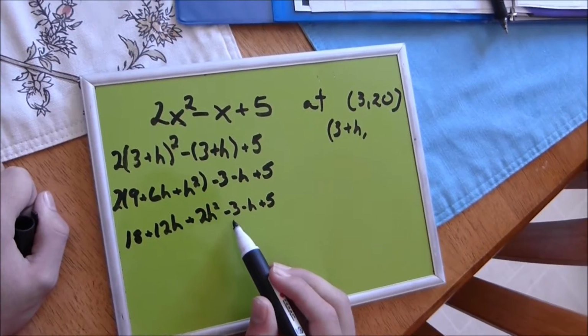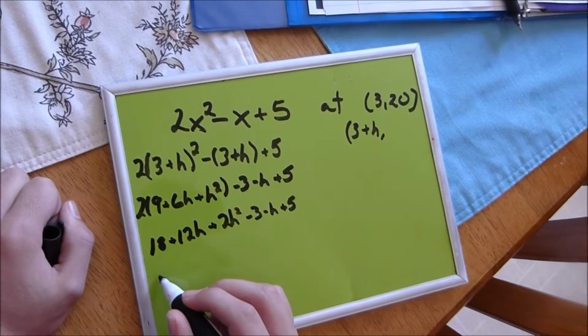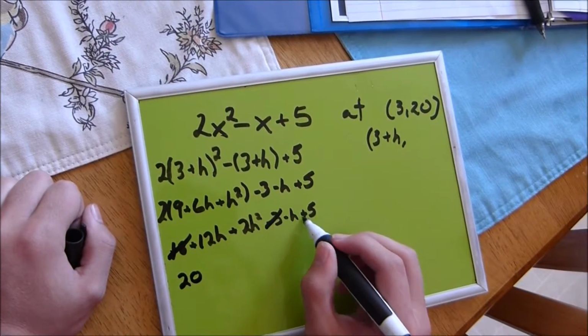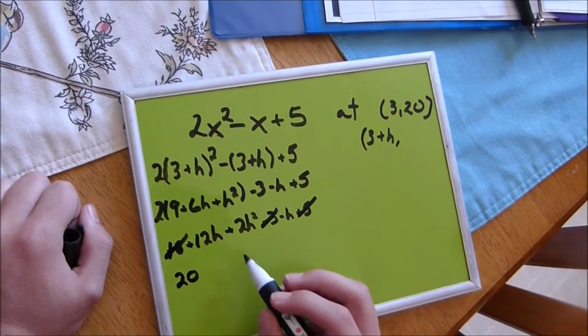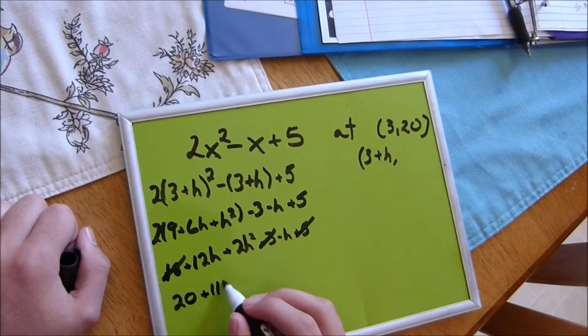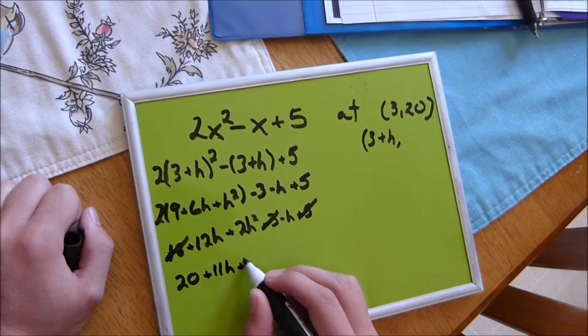So 18 minus 3 is 15, plus 5 is 20. So you have 20. And then 12h minus h is plus 11h. And then you're left with 2h squared.